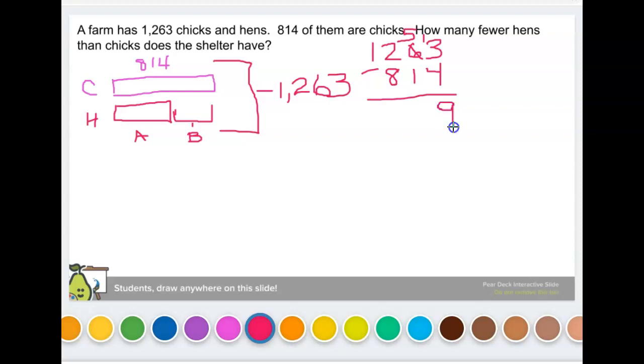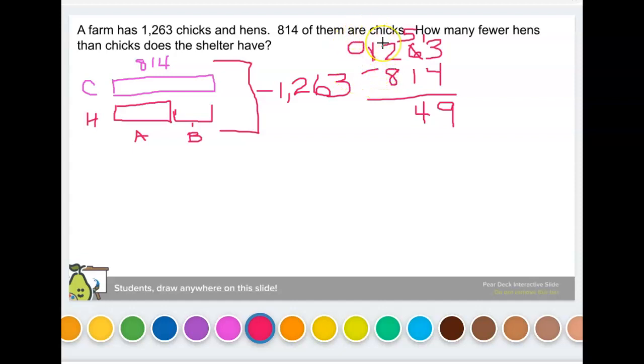So I'm going to take 13 minus 4, and that is 9. I have 5 tens minus 1 ten, which is 4 tens. I have 800s, and I need to take it away from 200s. That doesn't work, so I need to regroup and rename. I'm going to take this 1,000, and that will leave me with 0 thousands.